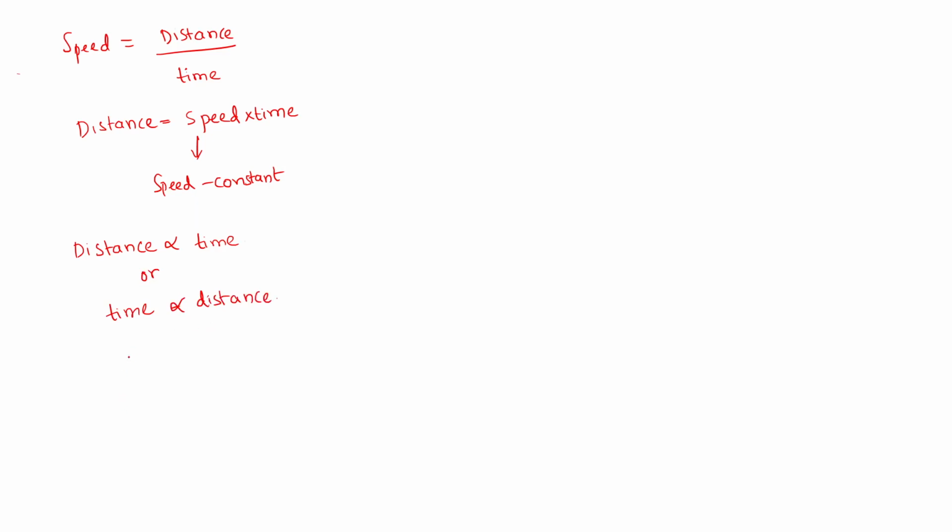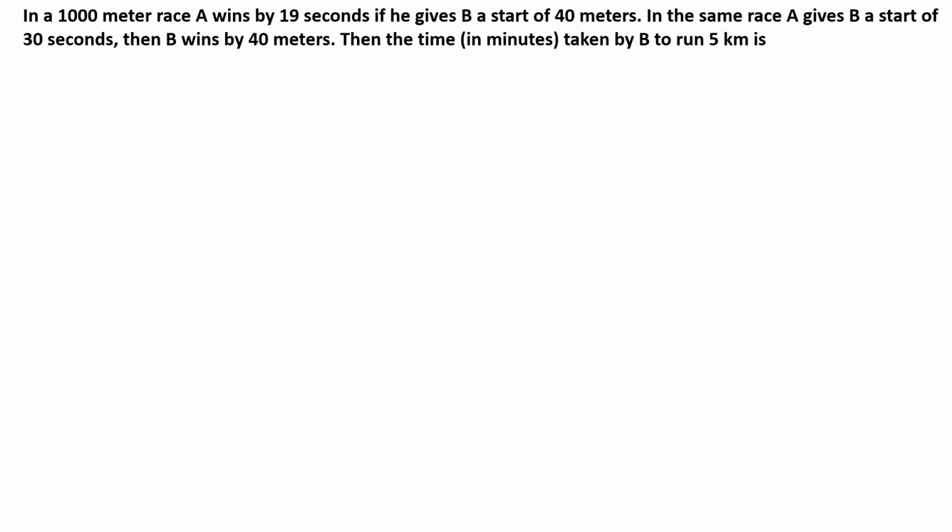We can also write, if it takes time t1 for a distance d1, then t1 by d1 is equal to t2 by d2, or we can write t2 is equal to d2 by d1 into t1. This particular thing we'll use in the question so that we can solve it very easily.